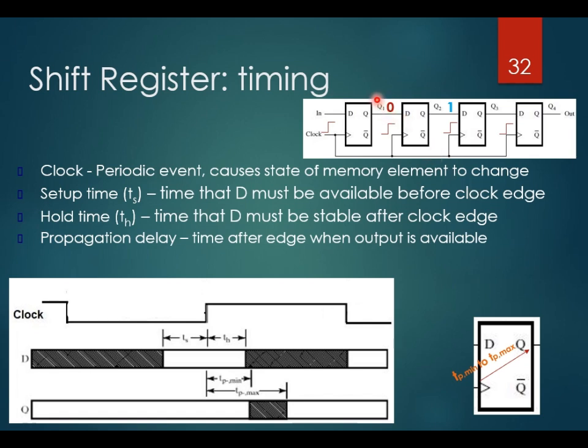That means, what I want to explain about the timing analysis for a shift register is that the hold time normally is shorter than the propagation delay. That means 0 will take longer to reach Q2. By the time the 0 reaches Q2, the signal 1 has gone through the hold time window. As illustrated here, when the clock edge triggers, 0 starts to move, and before it reaches Q2, the whole hold time window has already passed.